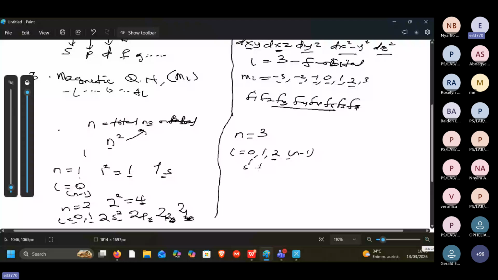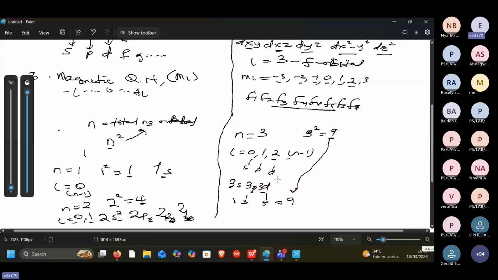That's the highest. This one is in 3 orientations, and this one is in 5 orientations. So the total number of orbitals there should give me 9. n squared where n equals 3, therefore 3 squared is 9. So the total number of orbitals in that energy level is supposed to be 9.